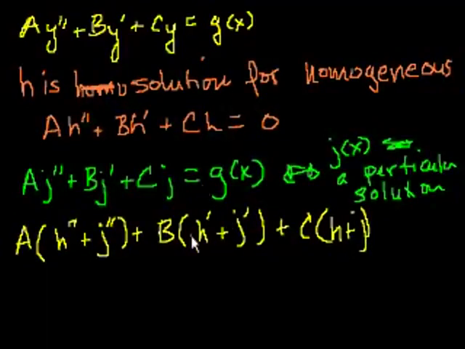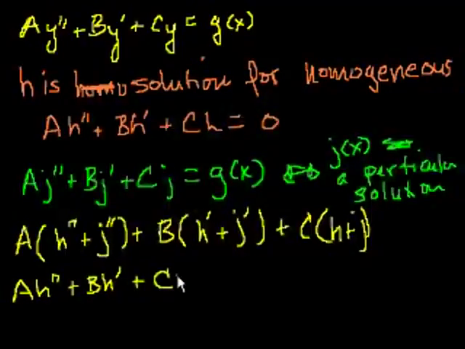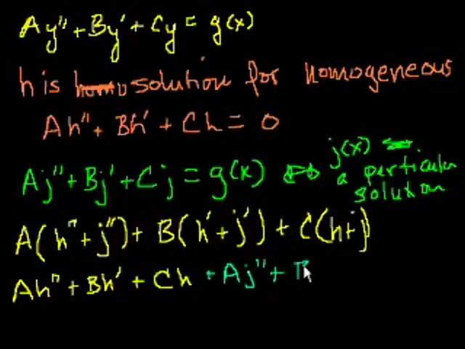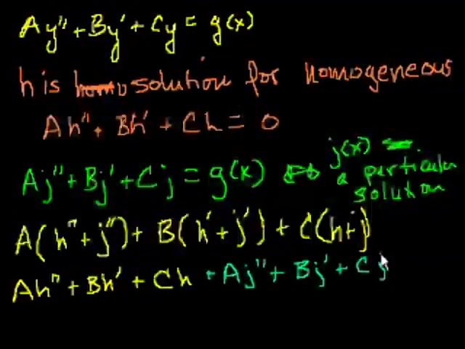And my goal is to show that this is equal to g of x. So what does this simplify to? Well, if we take all the h terms, we get a h prime prime plus b h prime plus c h, plus, let's do all the j terms, a j prime prime plus b j prime plus c j.